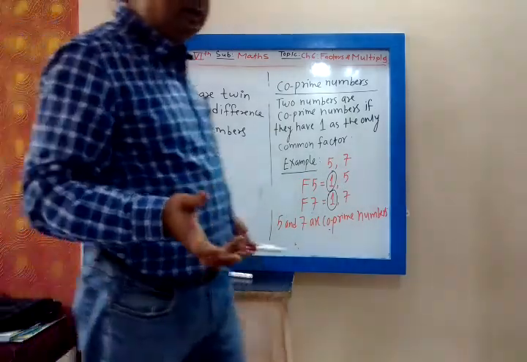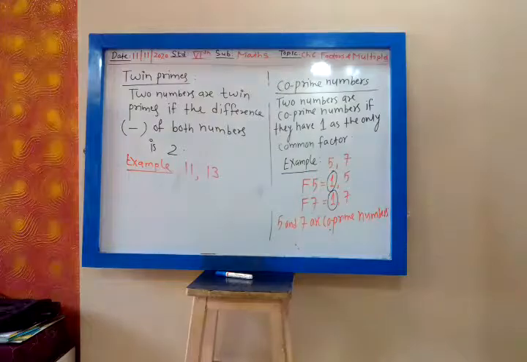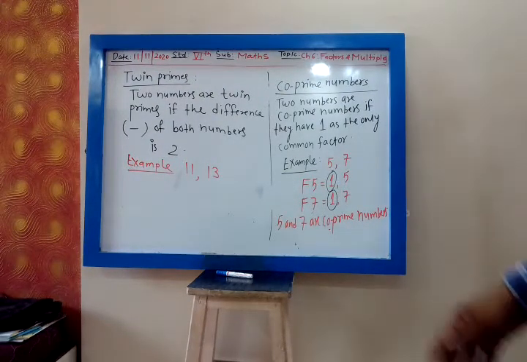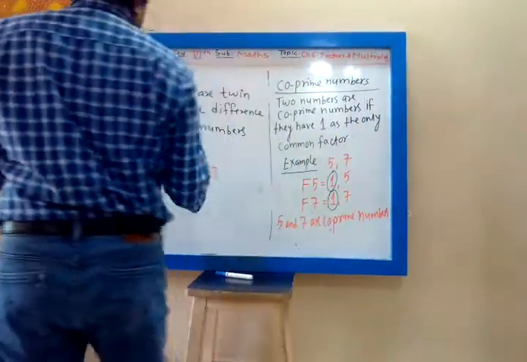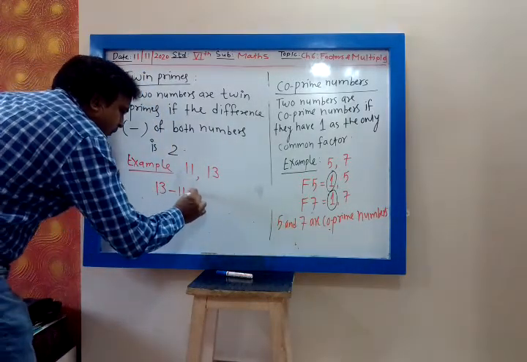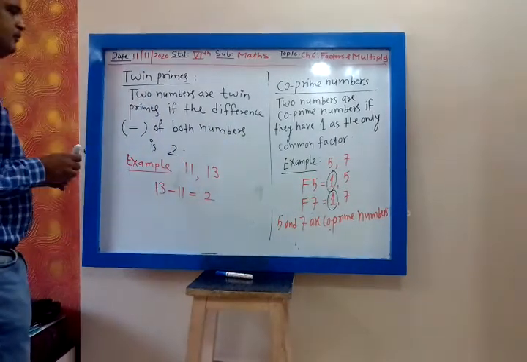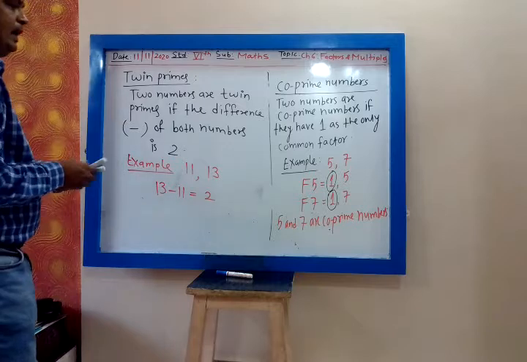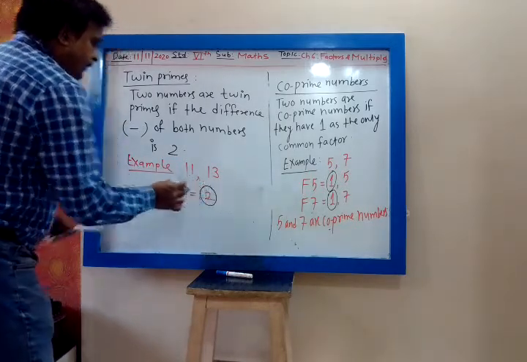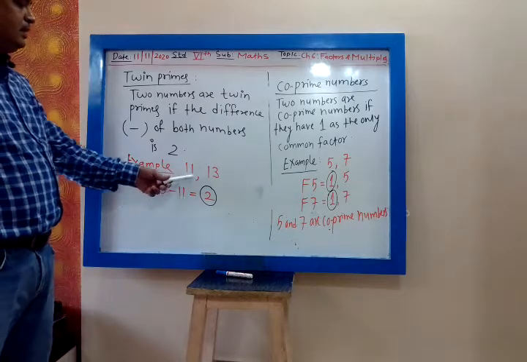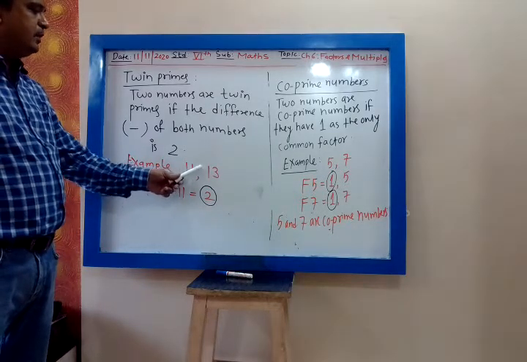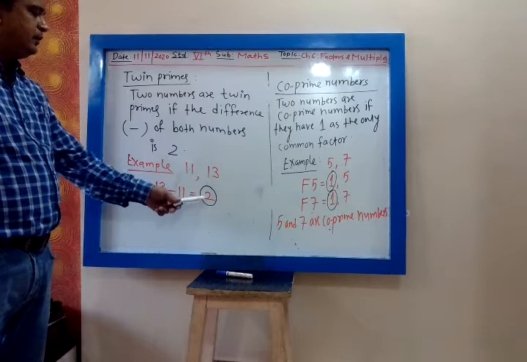Now we check whether they are twin primes. So we find 13 minus 11. 13 minus 11 is 2. So when you are given the numbers 11 and 13, you take their difference, meaning you subtract the smaller number from the bigger number. 13 minus 11 is 2.